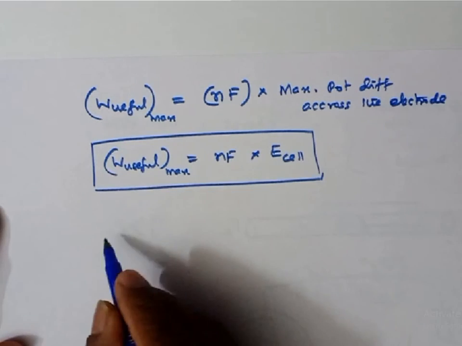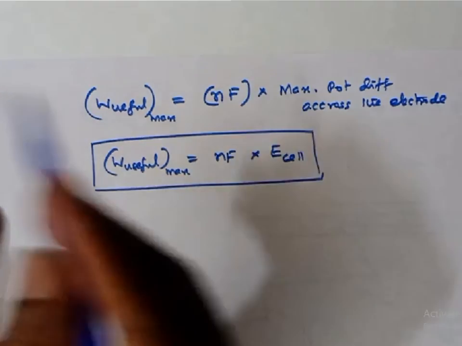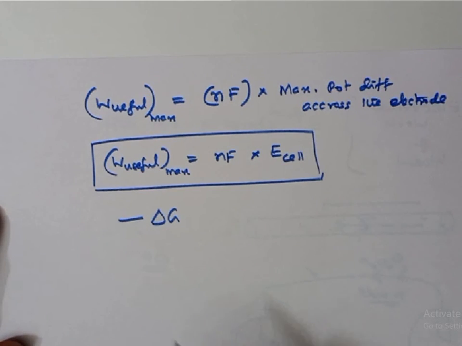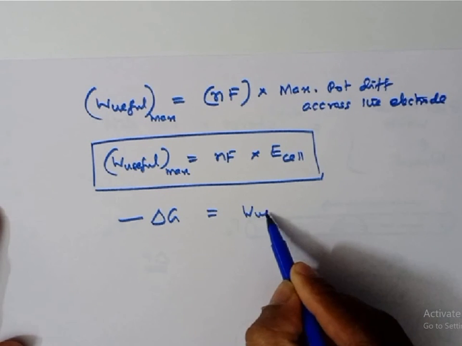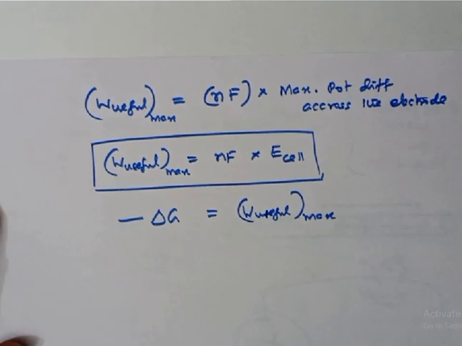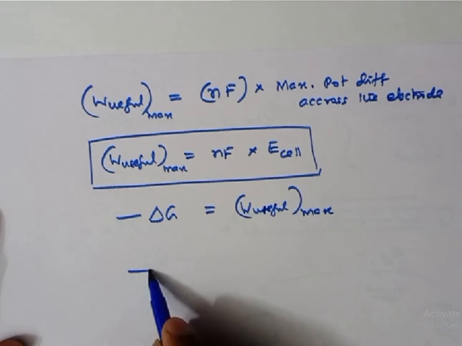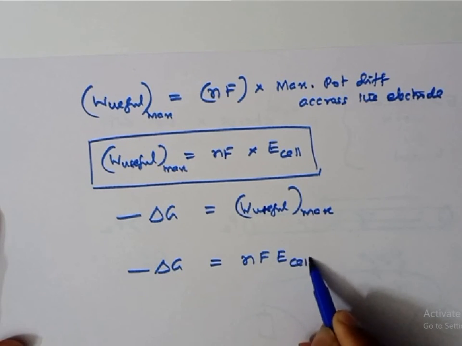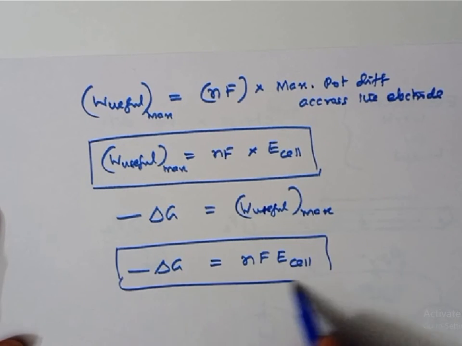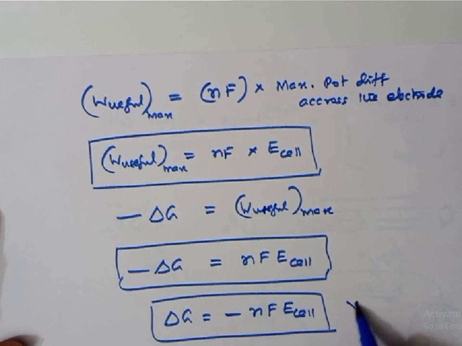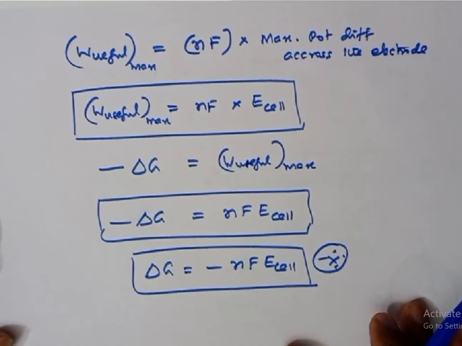And we also know from thermodynamics that the maximum useful work obtainable is nothing but the decrease in free energy, minus delta G. Minus delta G is the maximum useful work obtainable from the cell. Or minus delta G is equal to n into F into Ecell. Or we can also write this as delta G equal to minus n into F into cell potential. Okay, note down. Very very very important.